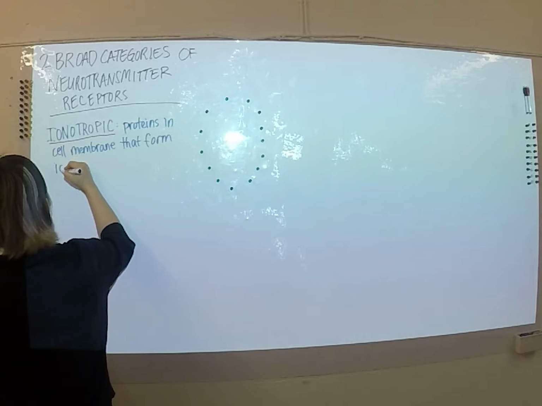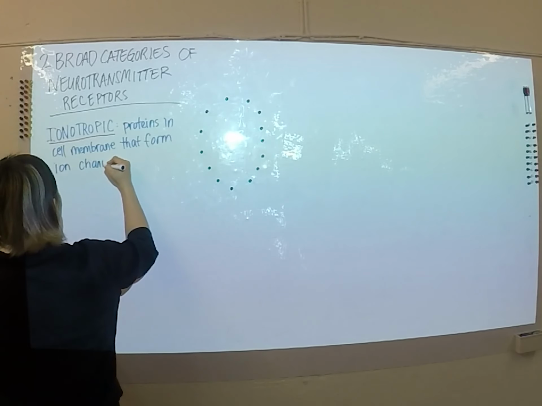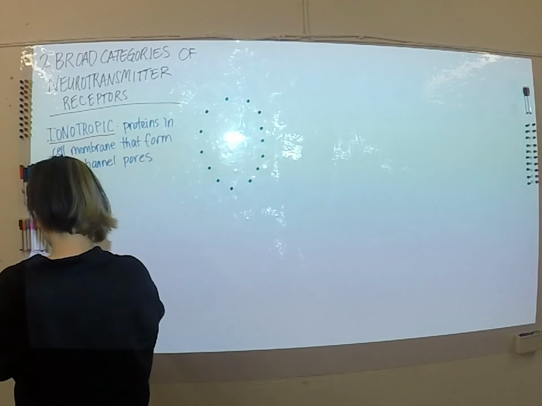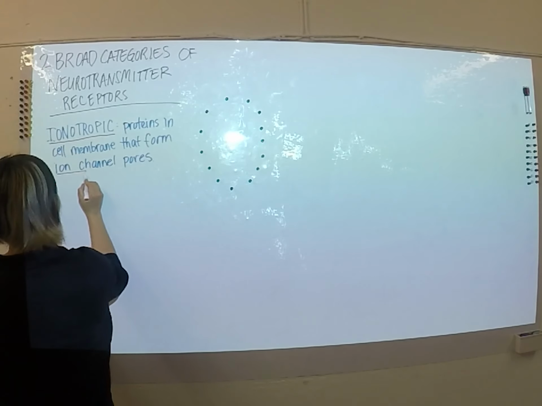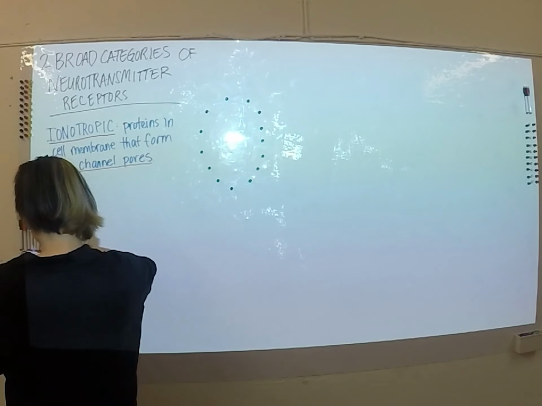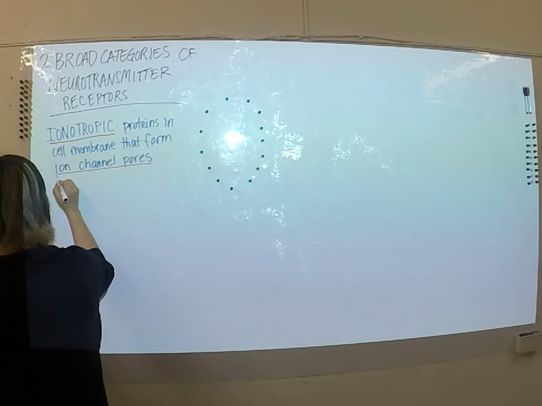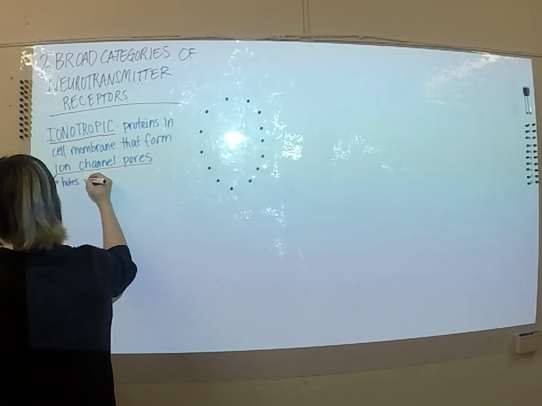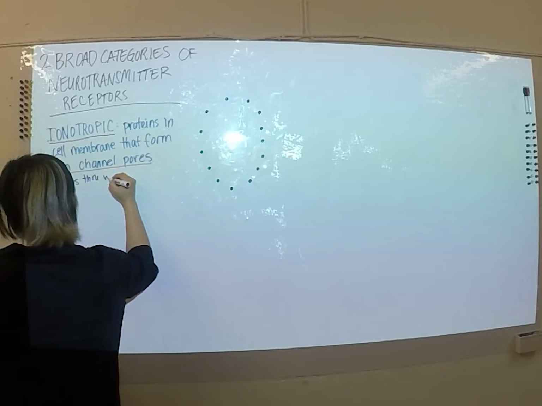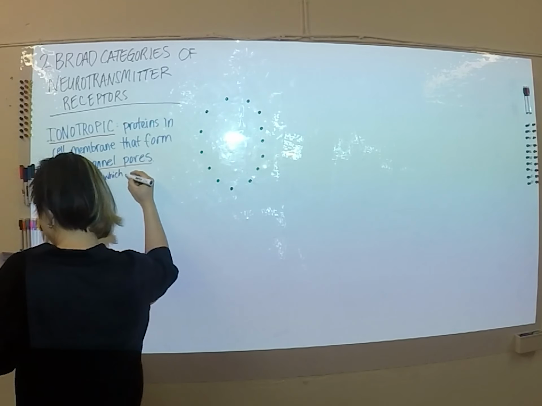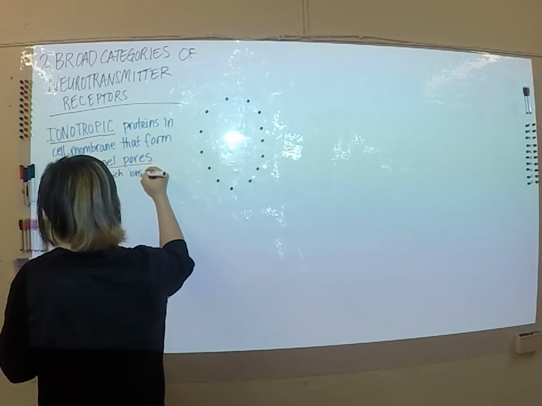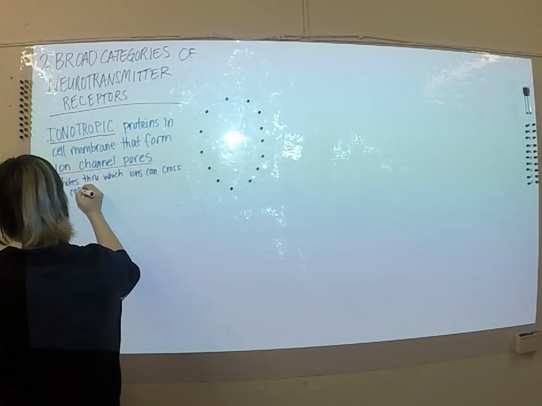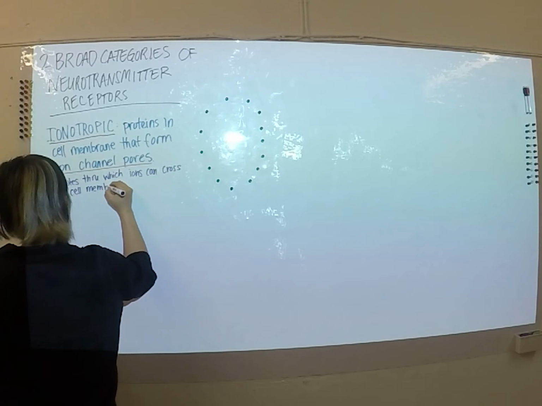Okay, that form ion channel pores. And what are ion channel pores? They are holes through which ions can cross the cell membrane.